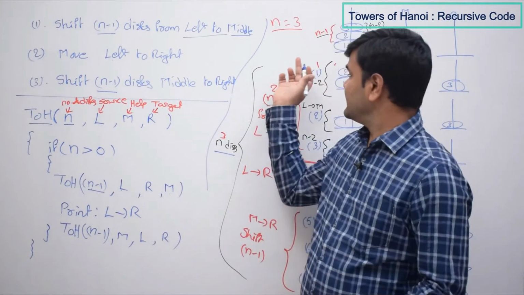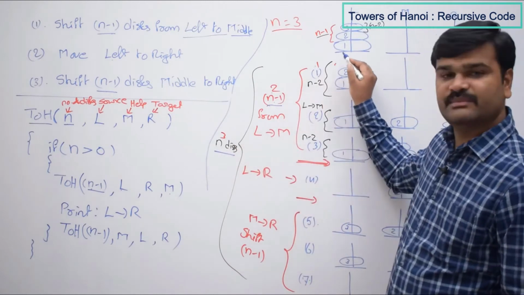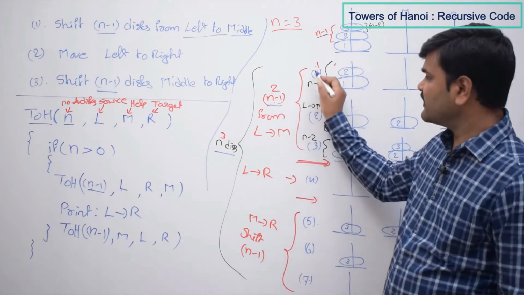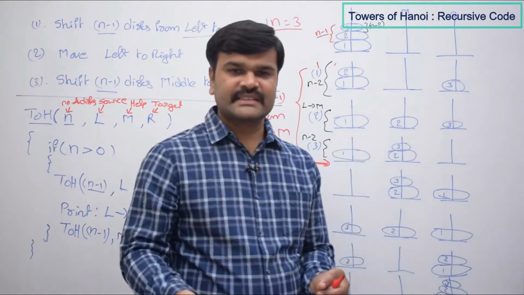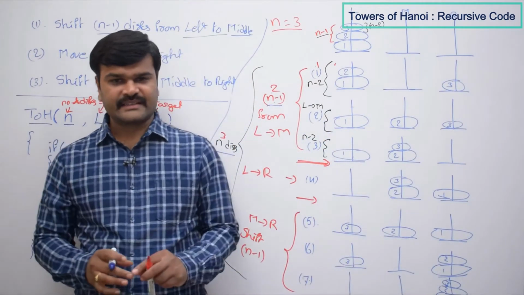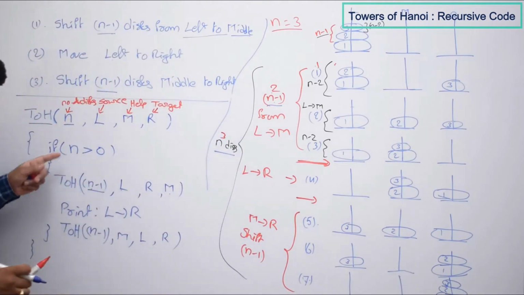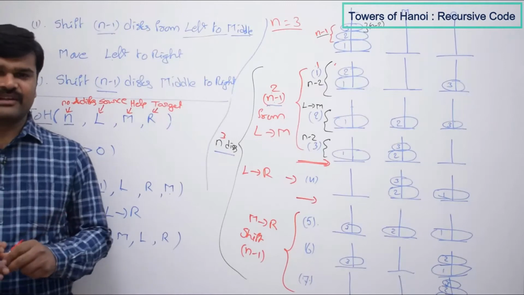That is what it says here also: 3, 2, 1. Further if it becomes 0, you need not do anything. Then you can perform the movement. That will be more clear when we discuss the recursive tree. Okay. So that is the complete recursive code for this game, that is Towers of Hanoi.